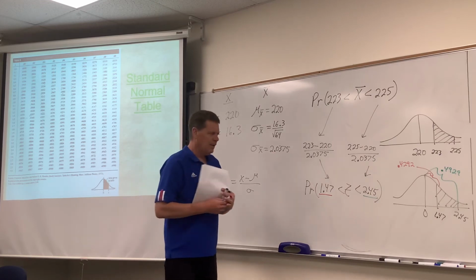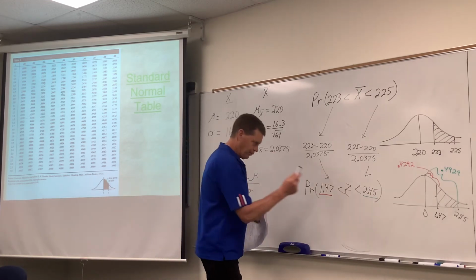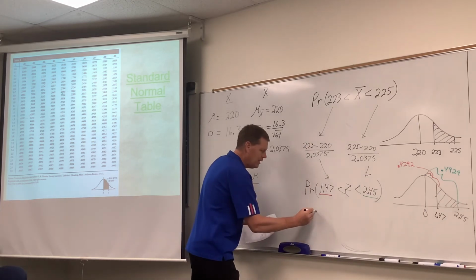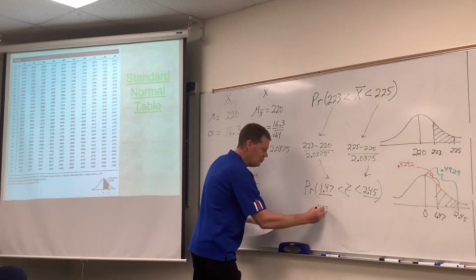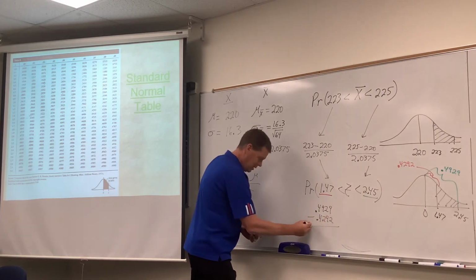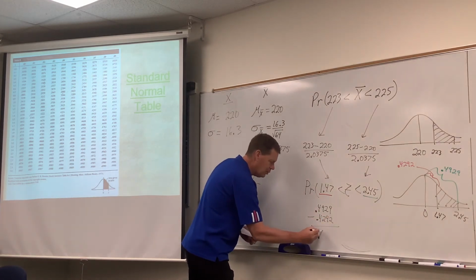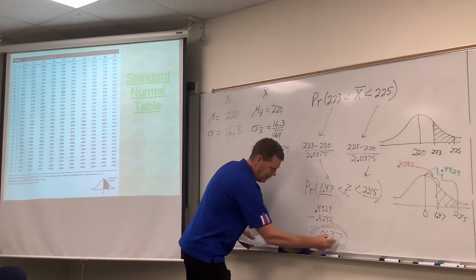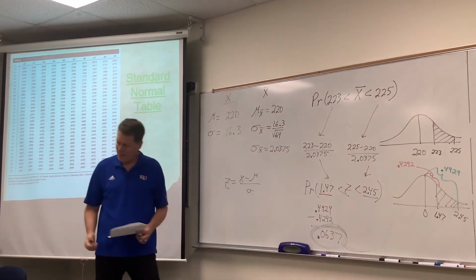And it is. So you would subtract those two to get this probability. So 0.4929 minus 0.4292 ends up being 0.0637. Final answer. All right. So I hope that made sense.